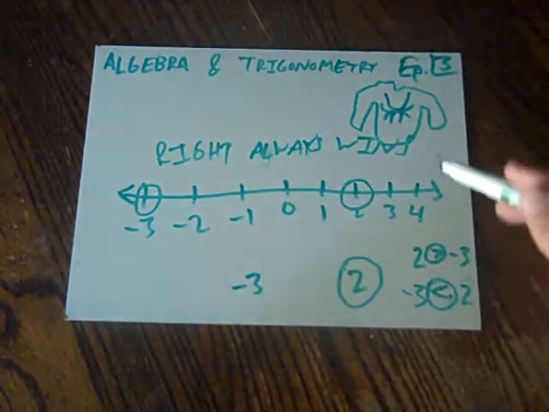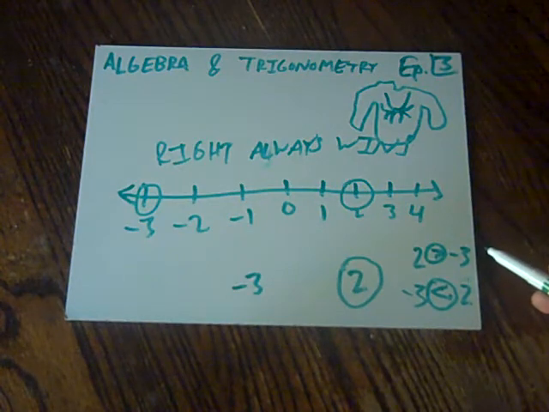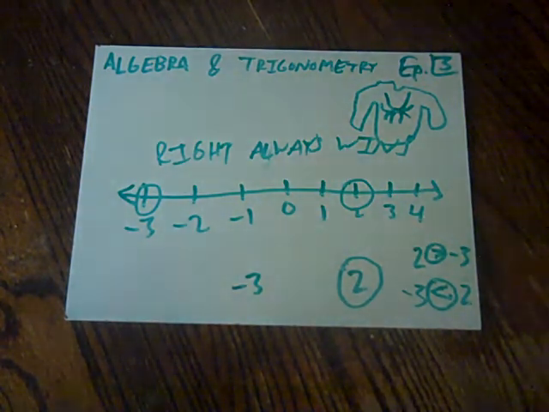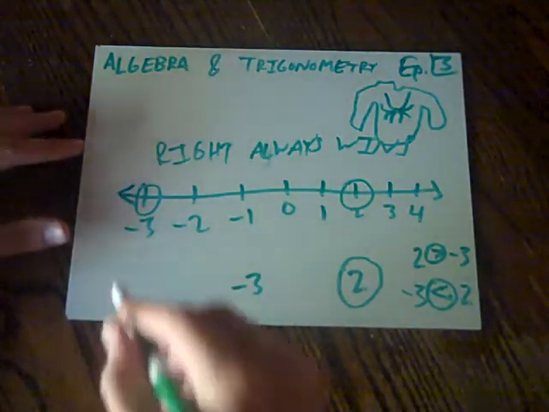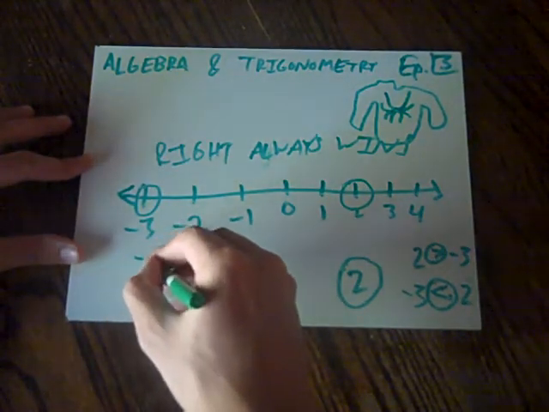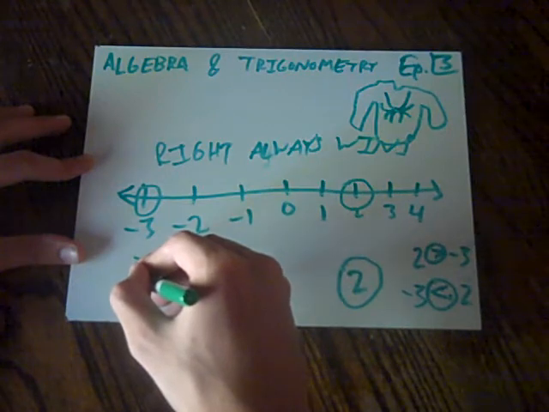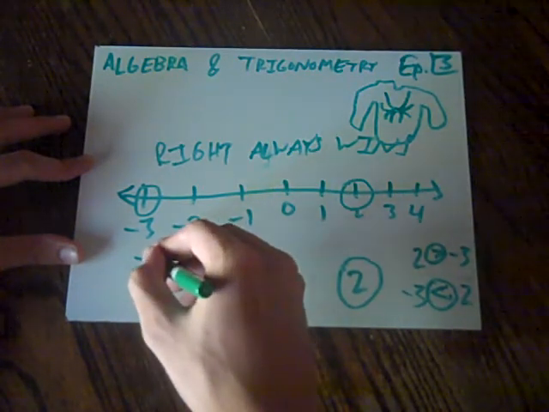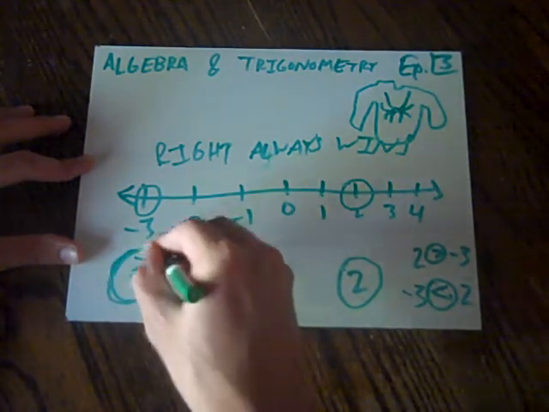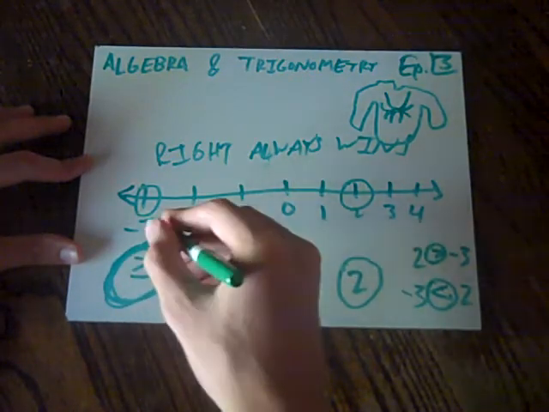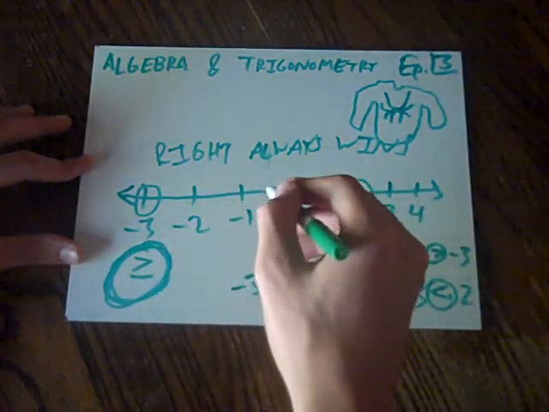So anyway, the important thing to remember is also the greater than or equal to symbol. This is really weird. This means that it could be greater than, but it could be equal to.